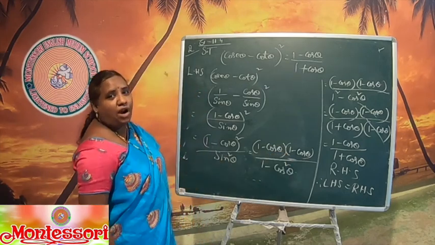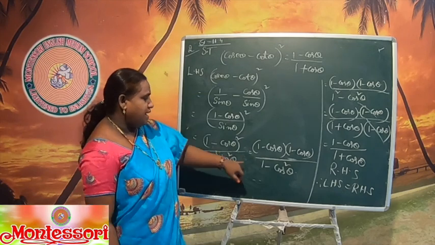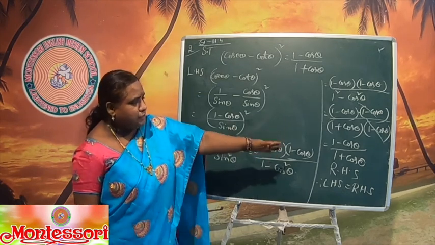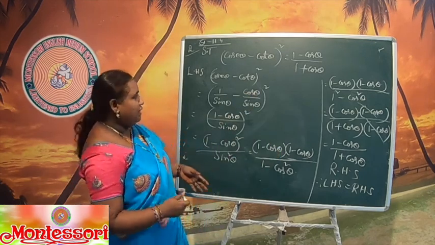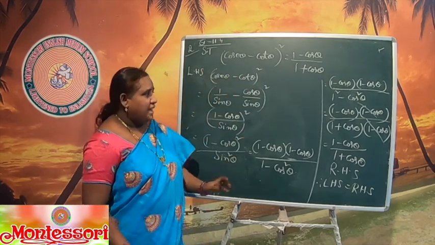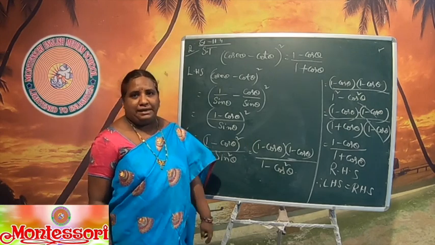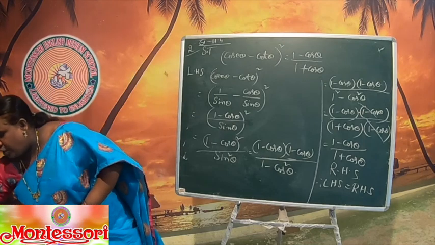According to the identity sin square theta plus cos square theta is equal to 1, sin square theta is equal to 1 minus cos square theta, and I applied this in the denominator and split it to get RHS. This is the way you have to show it. Show means therefore this is equal to that. You have to write the steps. In the exam, if you write clear steps and the formula, you get full marks. So this is the second sum, which is a different model.